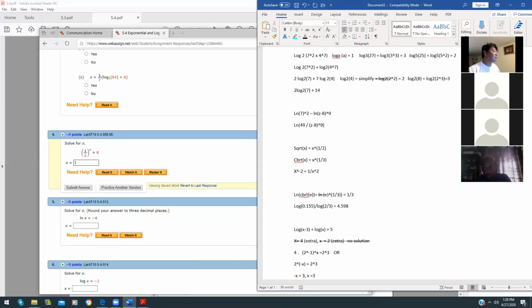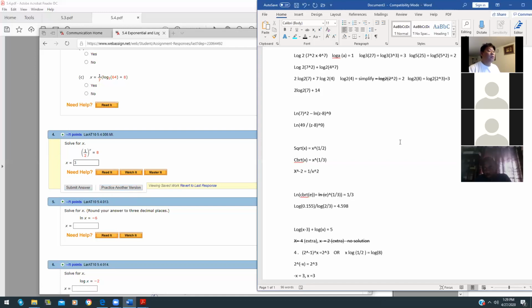Now, this is how we do this question, but there is also another way: you log both sides. So in this question 4, you log both sides. And once you log both sides, you can bring the x down. So you will have x log 1/2 equals log 8. Don't forget you log both sides here.